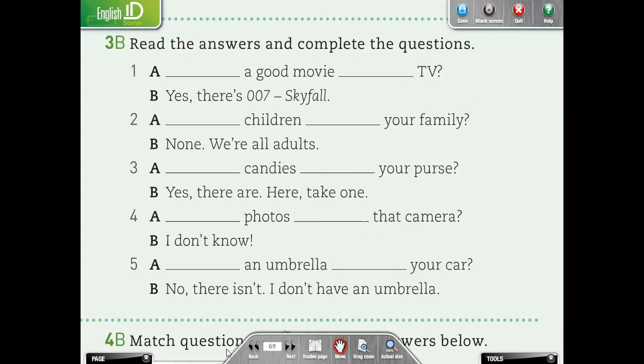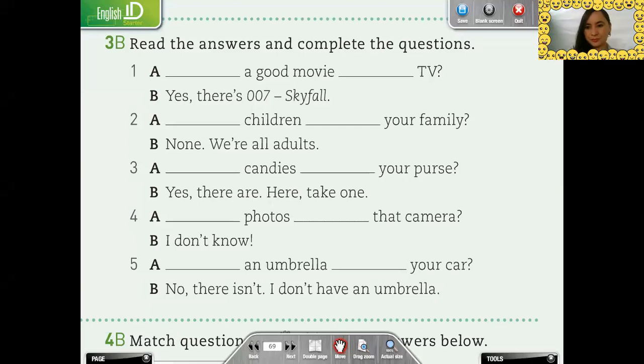It's time to check your answers. Let me see. I'm going to check your answers right now. Number 1, what's number 1? Is that a good movie on the TV?